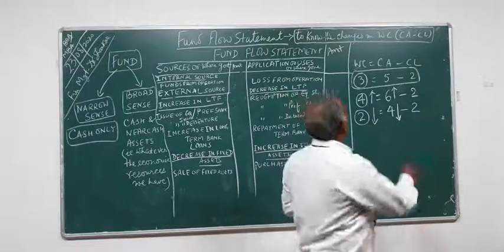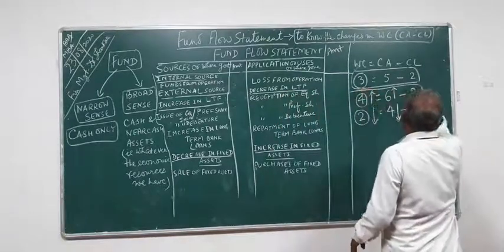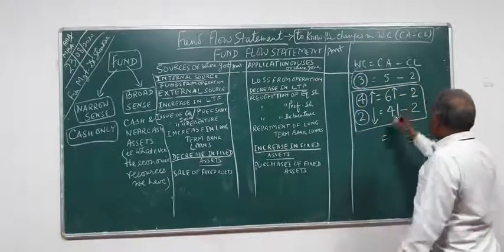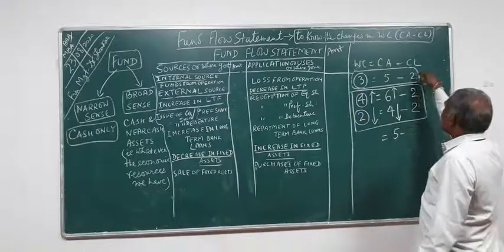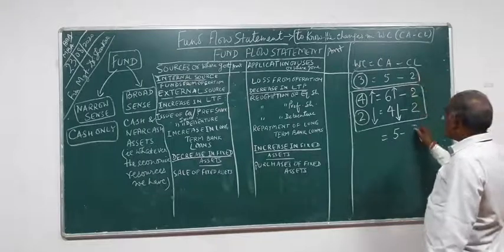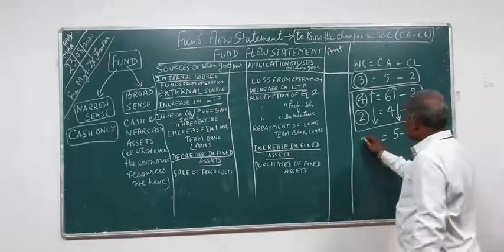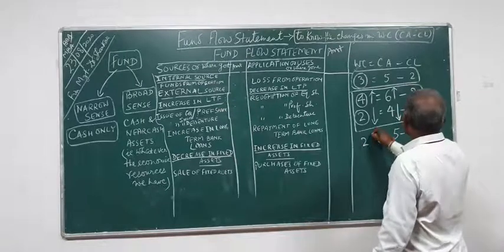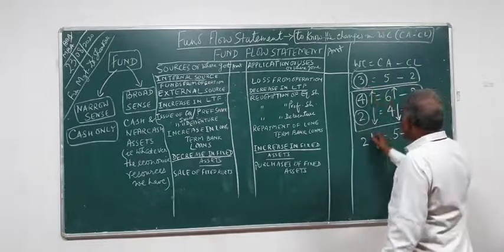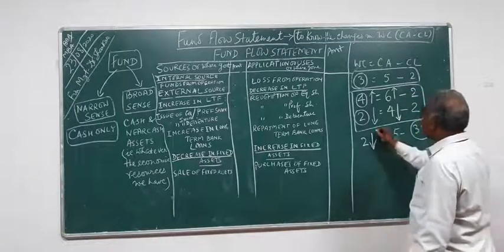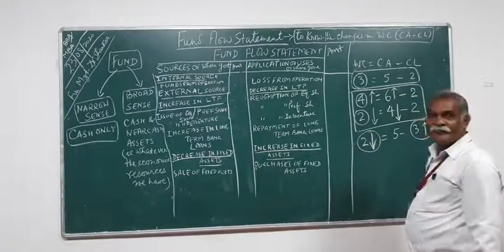Now take the other example, considering current liabilities. Current assets remain the same. Current liabilities change from 2 to 3. Current liabilities are increasing. 5 minus 3 is 2. Here it is 3, here it is 2: current liabilities are increasing and working capital is decreasing.